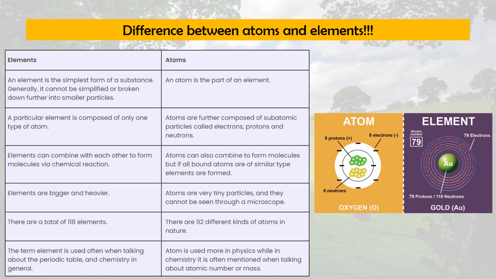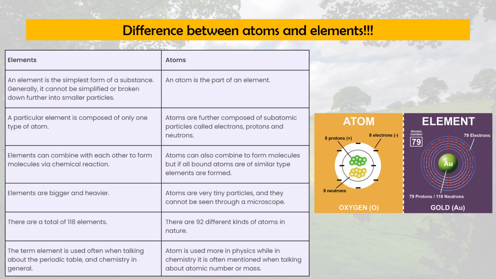Now, what is the difference between atoms and elements? There is the basic difference that an element is the simplest form of a substance, and an atom is the part of an element. For example, in this diagram, you can see the representation of an oxygen atom.